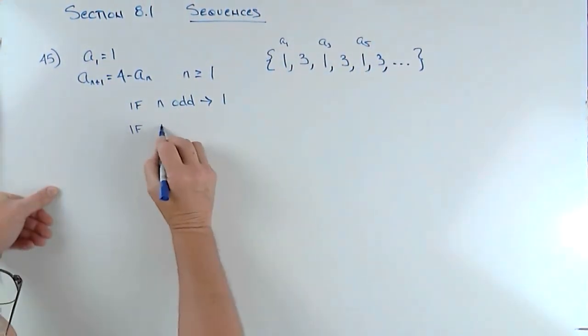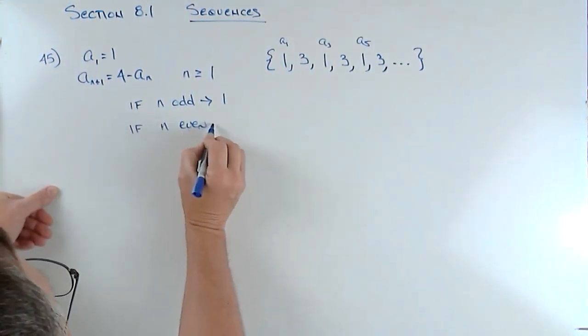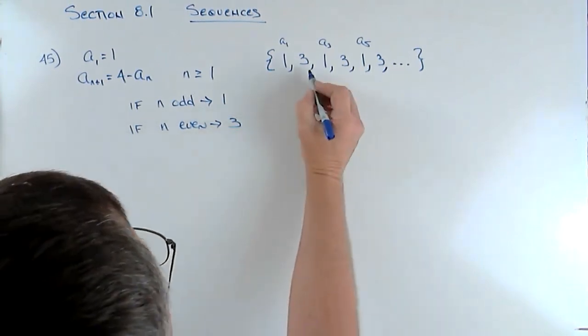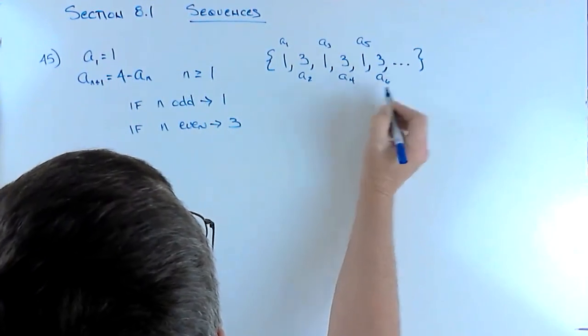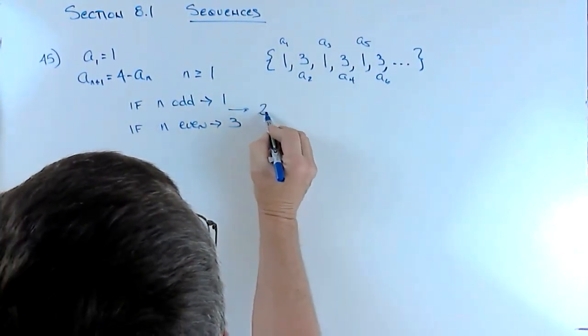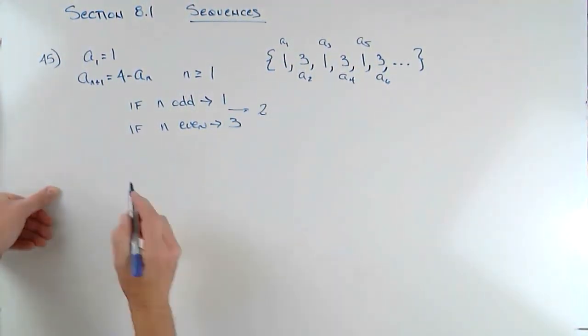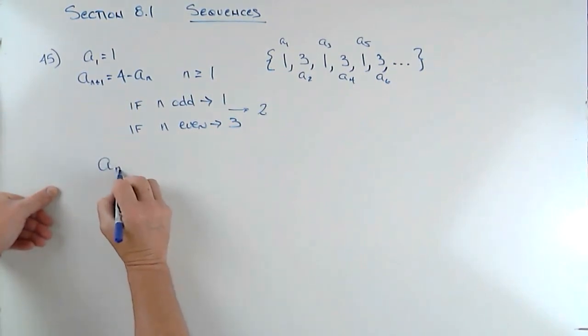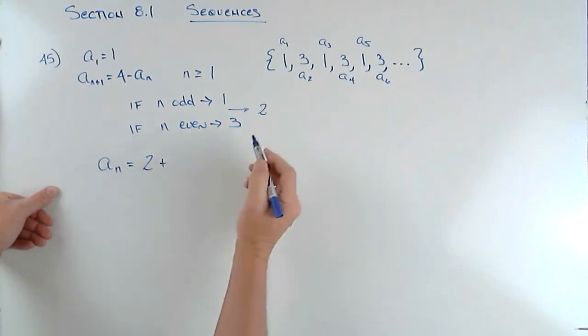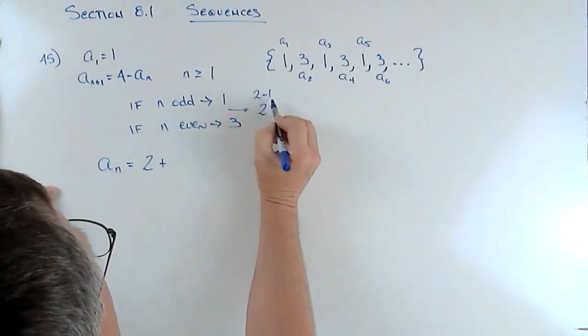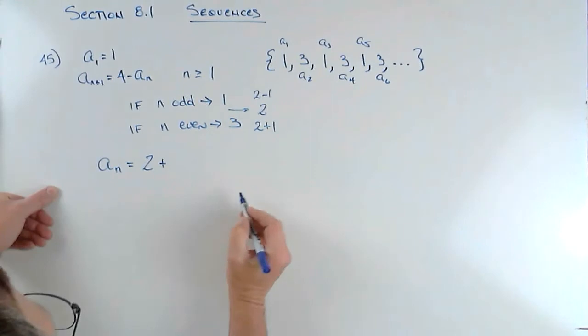And we said if n is even, then we want 3, because that's A sub 2, A sub 4, and A sub 6. And our observation there was 2 is between those. And so we said there that A sub n was going to equal 2 plus, and we either wanted 2 minus 1 here or 2 plus 1 here.